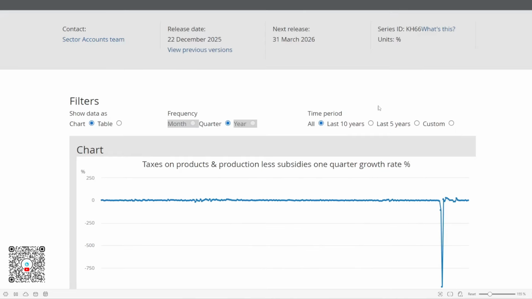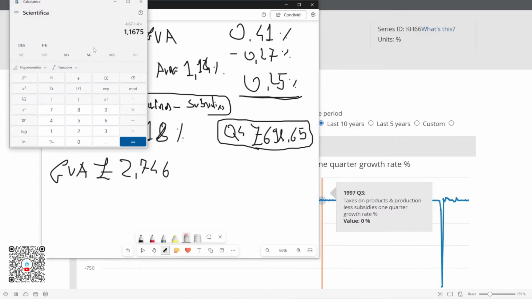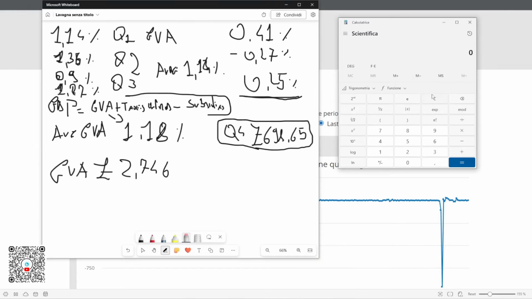But on the other page, here we have 3.9 minus 2.5, 2.4. So we can extrapolate: 3.9 minus 2.5 plus 2.4, very easy, divided by 3, so we take the average, and it's 1.27.